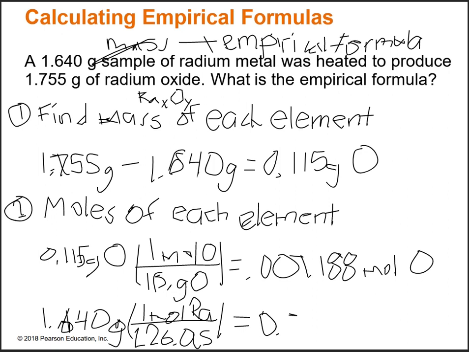So we're just doing the molar mass. And since it's an element, you just go straight to the periodic table, and that's where you find it. So 226 is the molar mass. We need to know how many moles.